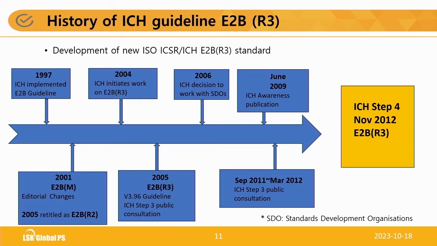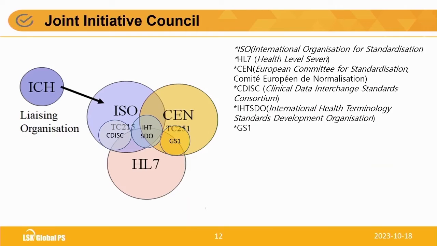And standard development organizations worked together to make it more standardized. Step 4 is, of course, adoption, and the R3 guidelines began to be adopted in Europe in November 2012.